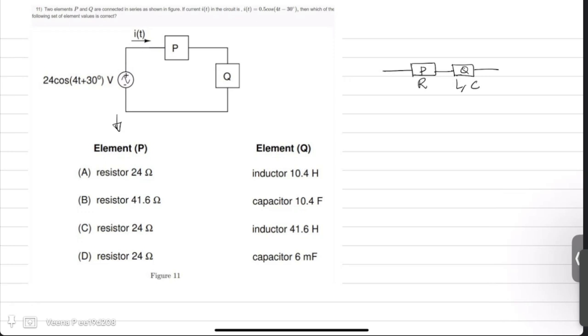The voltage in the circuit as well as the current are given. The voltage is given by 24 cos(4t plus 30 degrees) volts and the current is 0.5 cos(4t minus 30 degrees) amperes.